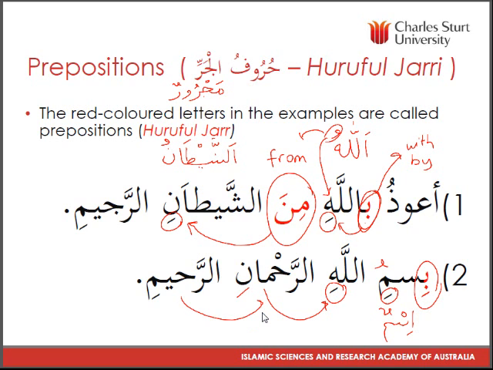This one also is relevant to that one. These are all adjectives: the compassionate, most merciful Allah. An adjective must follow the noun that comes before it. So this is an adjective for this, that's why it is majrur. This is an adjective for that one as well. We'll learn about these things.